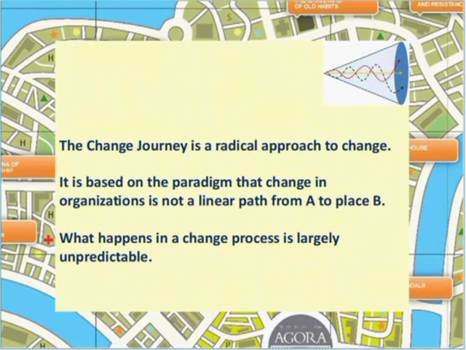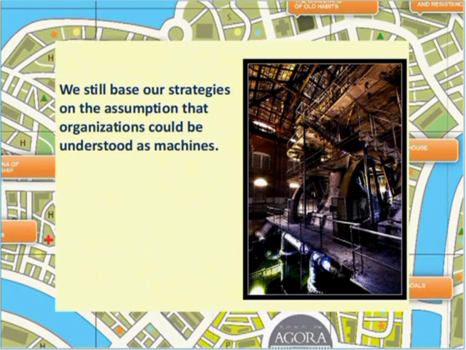And I was looking for a long time for a conceptual framework which helps to embed this new paradigm into very simple and very down-to-earth work with organizations. And this is how we came up with the Change Journey, the Change Journey Map. So, although we should know better, people in organizations still base their strategies on the assumption that organizations can be understood as machines.